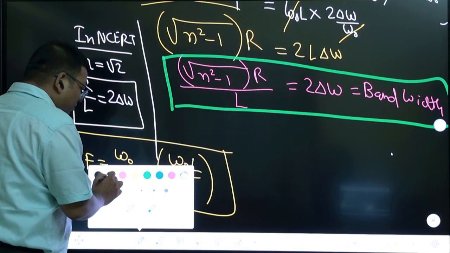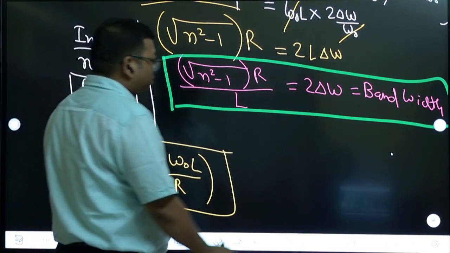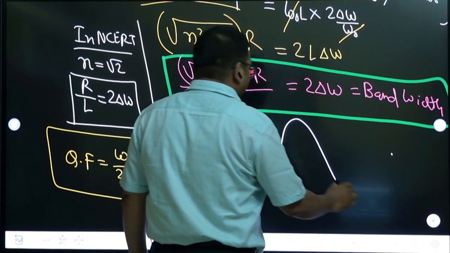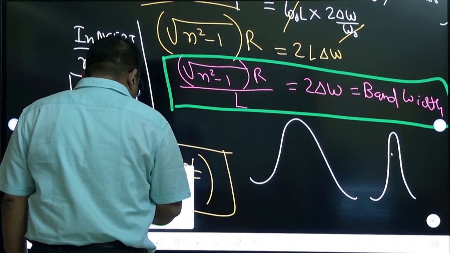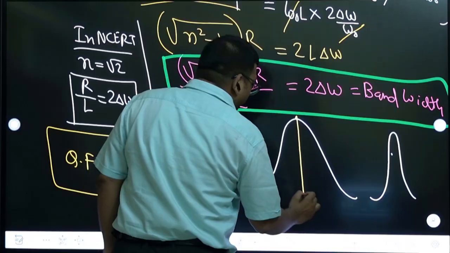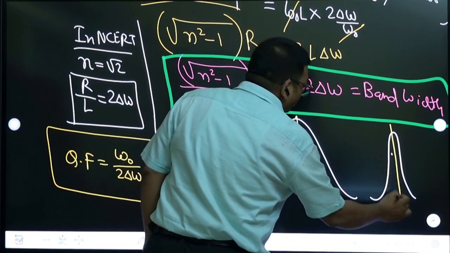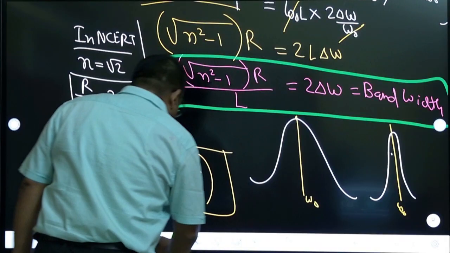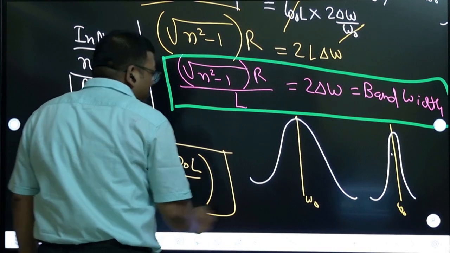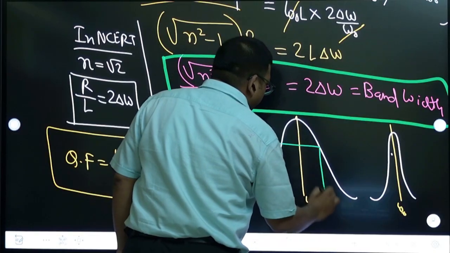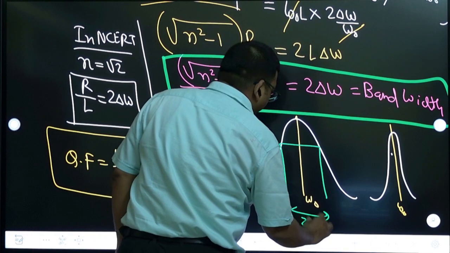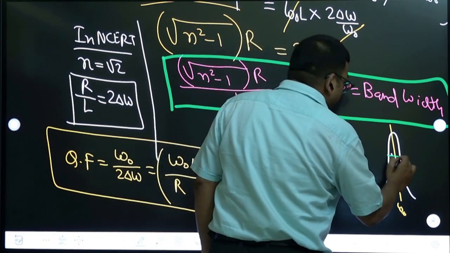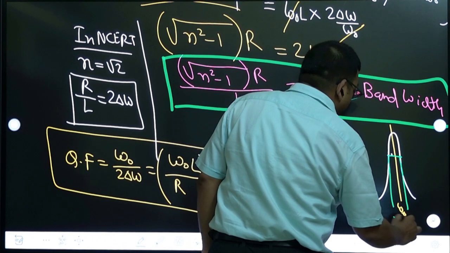What is meant by more sharpness or less sharpness? Suppose the graph is like this and the other graph is like this, and you consider omega naught value here and here also. In one the width is very large, this is 2 delta omega. But if I consider a small width, then this is the small width 2 delta omega.